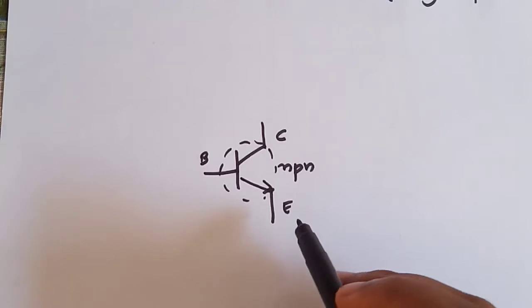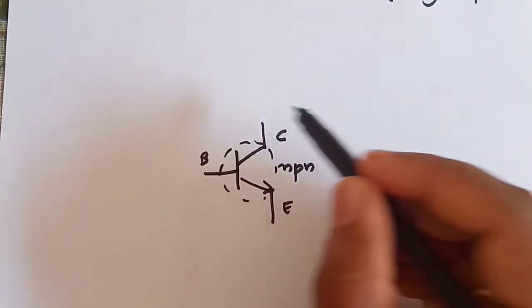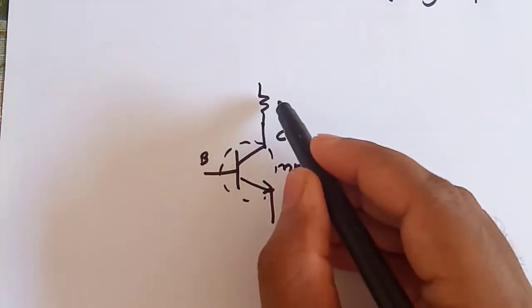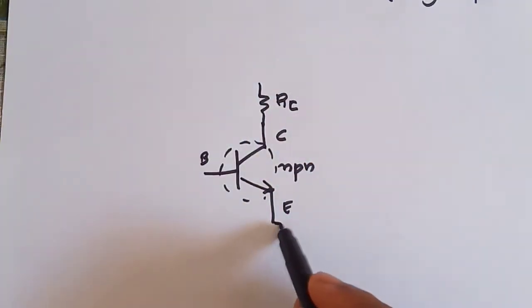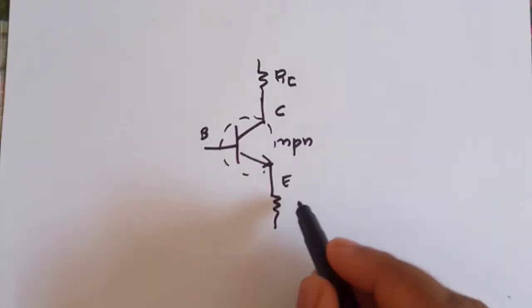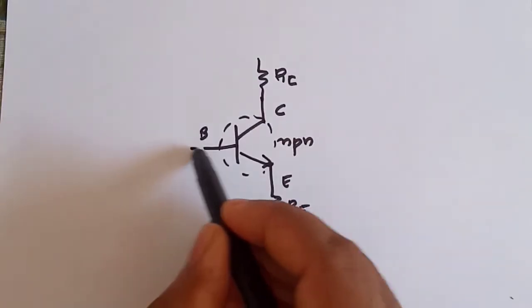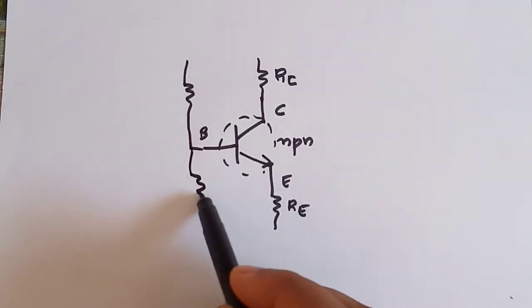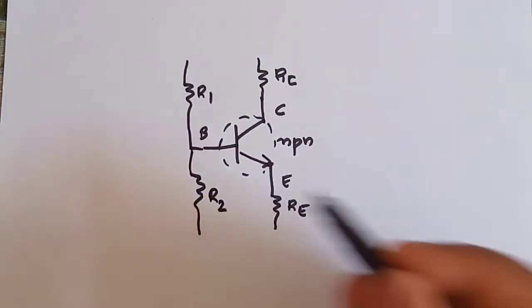So the second thing, we need to draw the voltage divider bias circuit. At the collector there is a resistor called RC. In the emitter, RE resistor, and this is the voltage divider bias circuit, R1, R2.